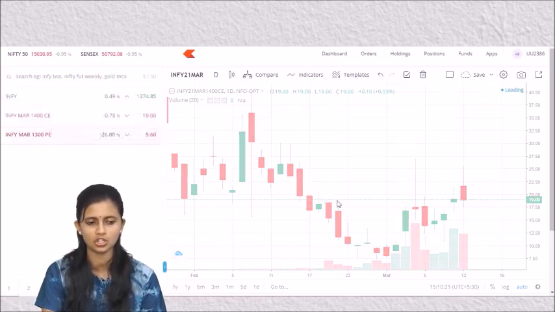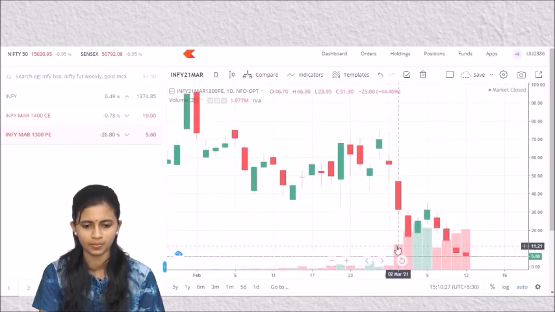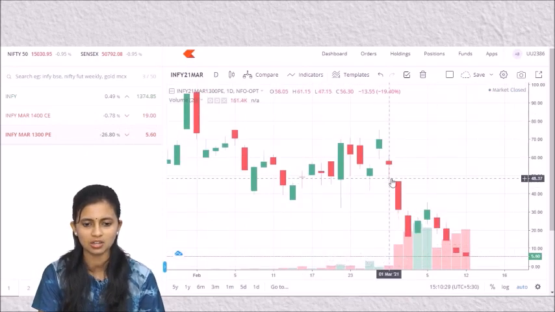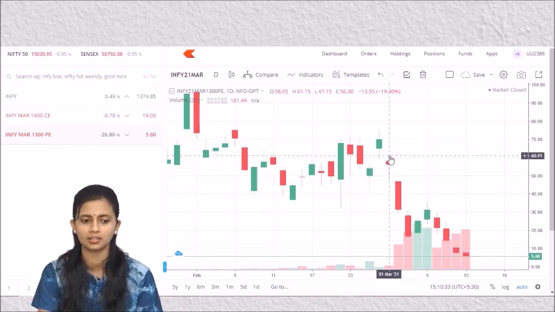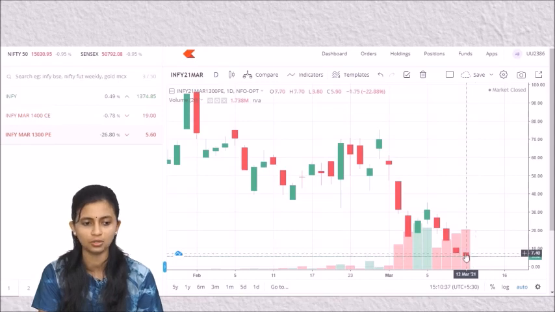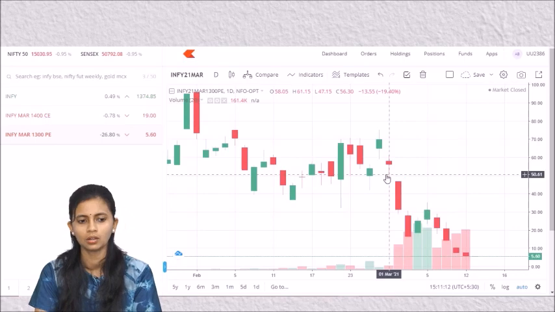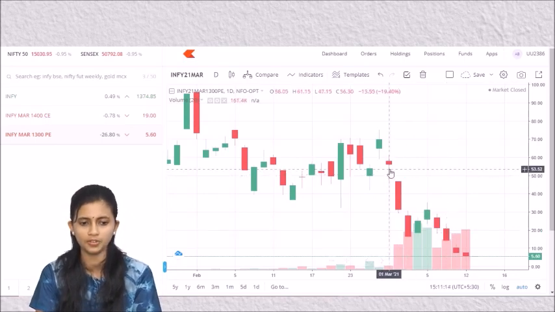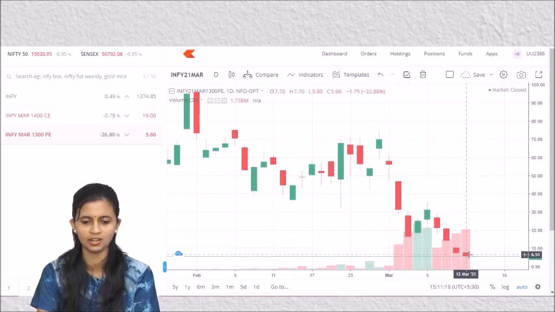Now if we check this chart, at the beginning of March when it opened, the opening was 58. You can check here, it was 58 and now it has come to 5.6 in 15 days. You can see from 58, in the first of March, it has fallen to 5.6, right?